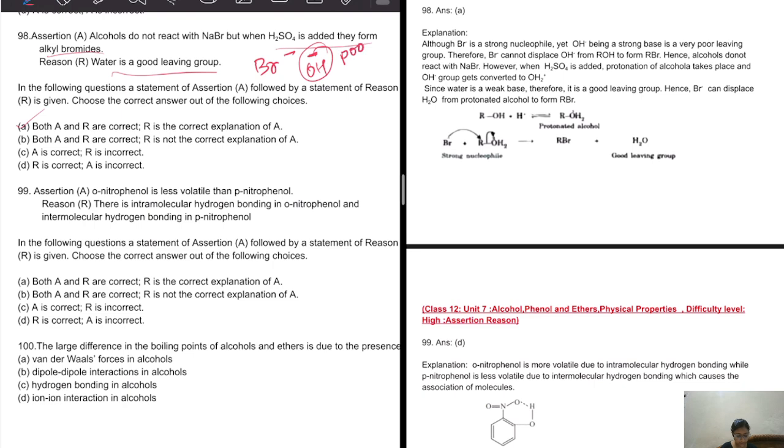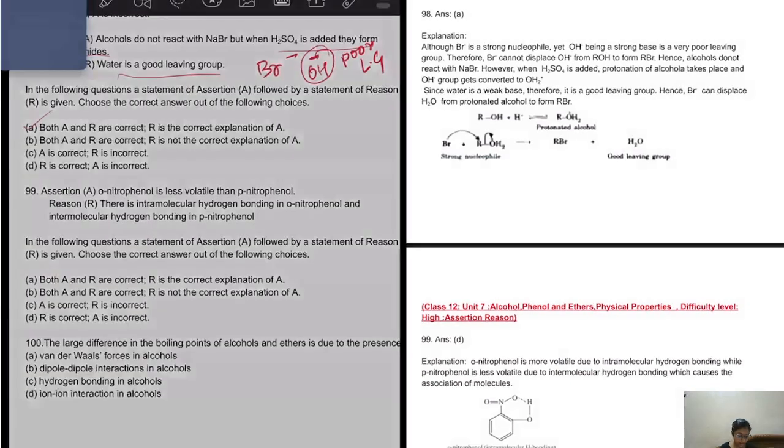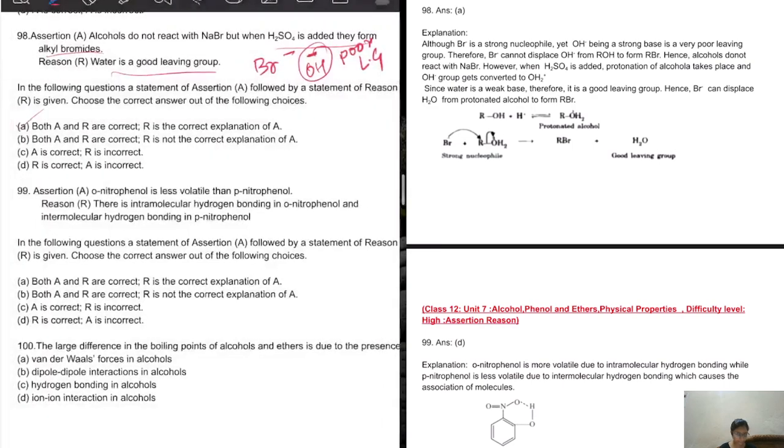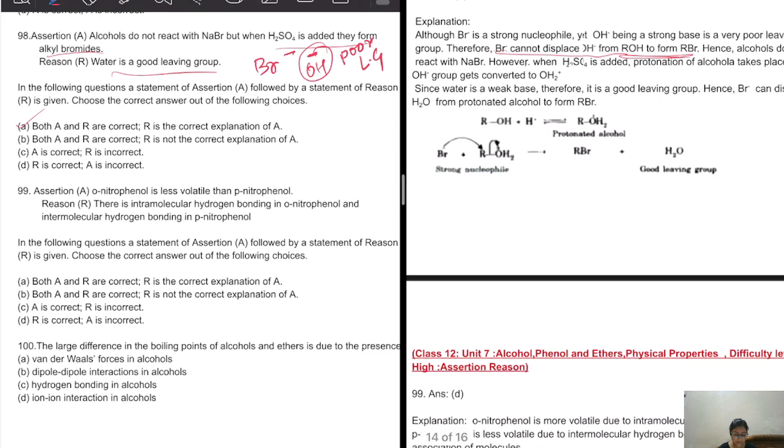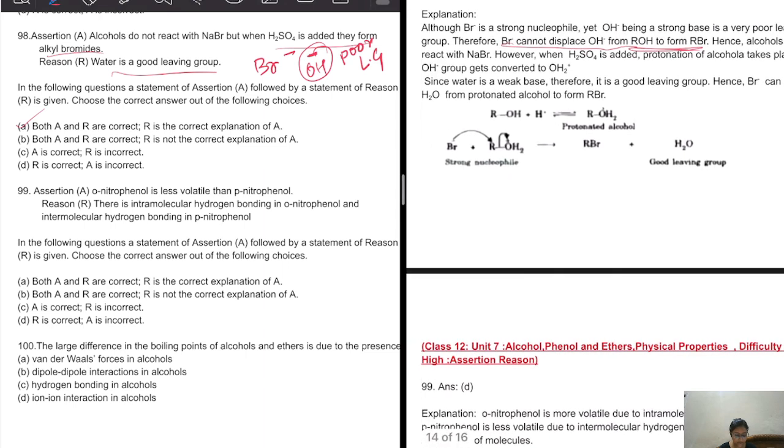It is a poor leaving group, because neutral species, like OH2 positive, are good leaving groups, so they can leave easily. So Br cannot displace OH to form RBr. Hence, alcohols do not react with NaBr.